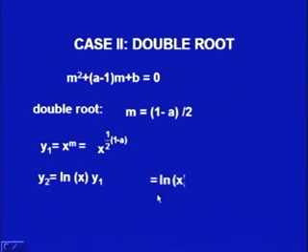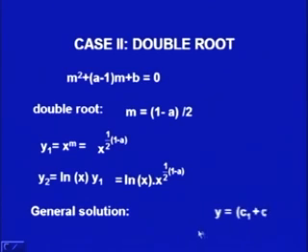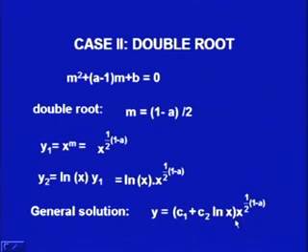So the second solution would be log x times x^((1 − a)/2), and the general solution would then be (C1 + C2 log x) x^((1 − a)/2). So when this characteristic equation has a double root, we get the general solution of the form (C1 + C2 log x) x to the power half (1 − a).